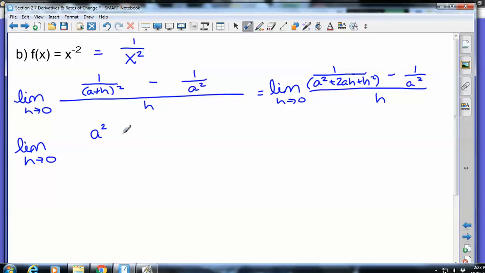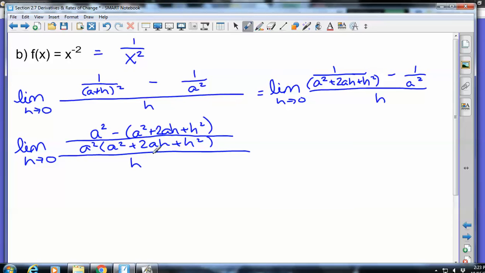Okay, so the first one needs to be multiplied by a squared. The second one would have to get multiplied by a squared plus 2ah plus h squared. So it would be all over your new denominator, a squared times that.